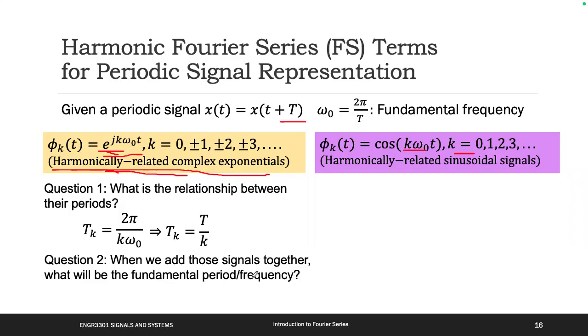You can say you need T over 1 plus T over 2 plus T over 3 plus T over 4, and so on. But what if they are T over -2, T over -3? So when you add them, what do we do?